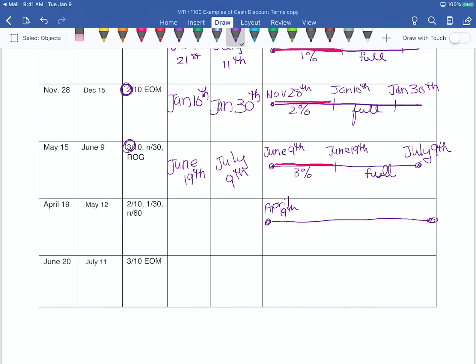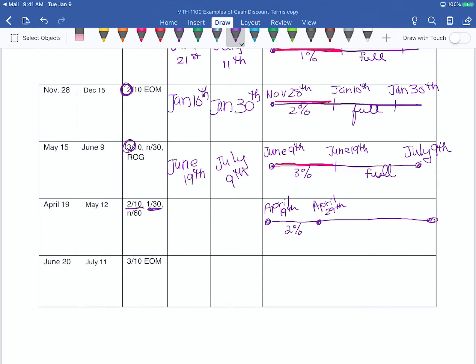Now it says if I pay within 10 days of the invoice date, I get a 2% discount. So 10 days from April 19th is April 29th. So if I pay from April 19th to April 29th, I'm going to get a 2% discount. That's this right here.